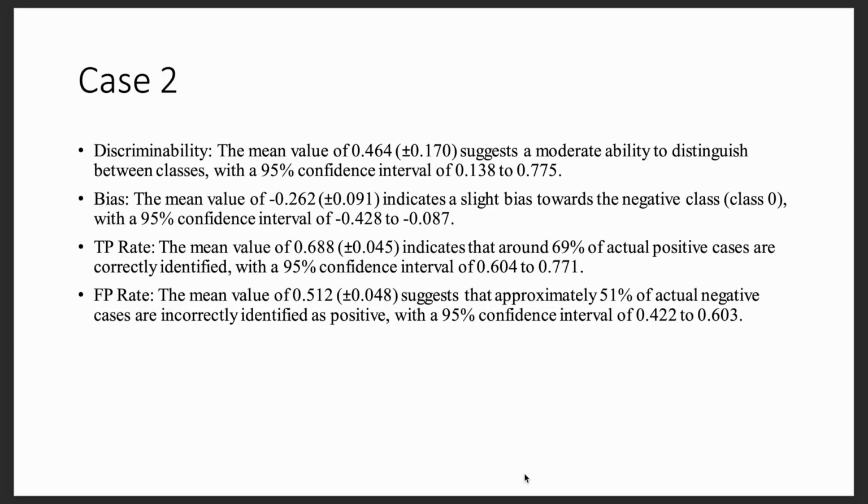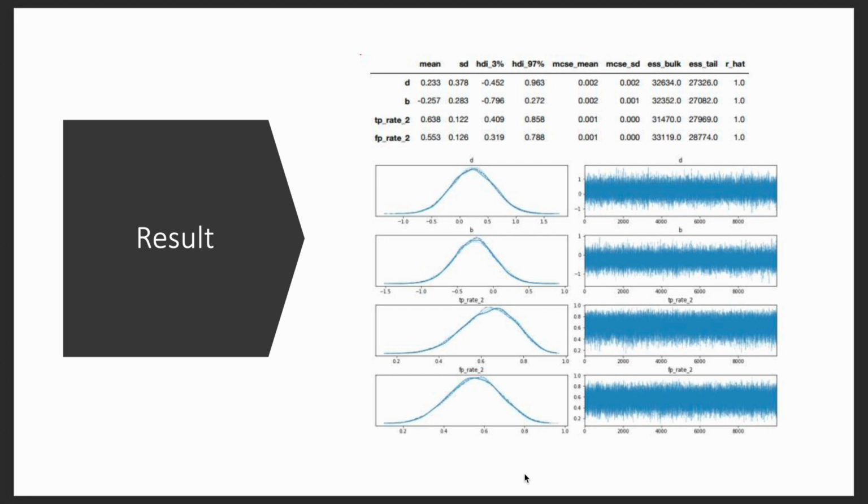As for the bias, it measures the extent to which the model predicts one class more frequently than the other. The mean value of minus 0.262 suggests that the model has a slight tendency to predict the negative class, class 0, more frequently than the positive class, class 1, with a standard deviation of 0.091.